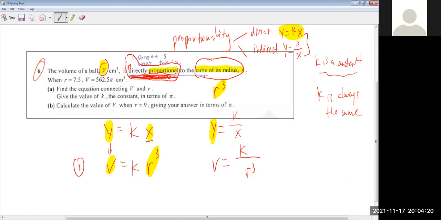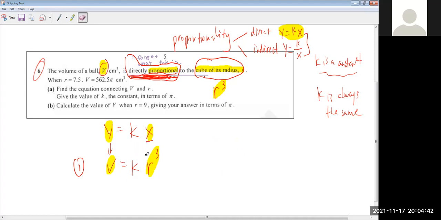So I'm just trying to tell you, if this question changed to indirectly proportional, then you need to use this formula and you will end up with this step 1. But in this question, it says directly proportional, so you're not going to use this. You're going to use this.